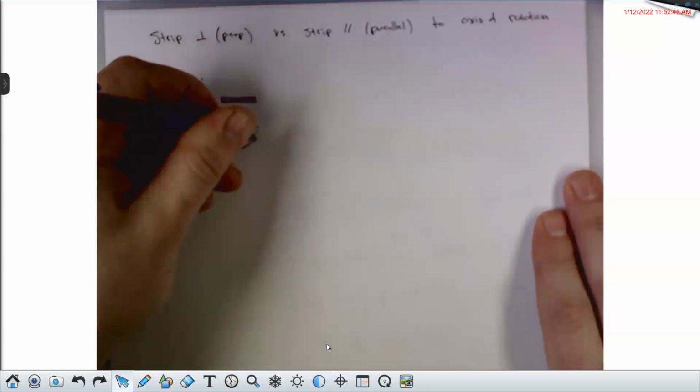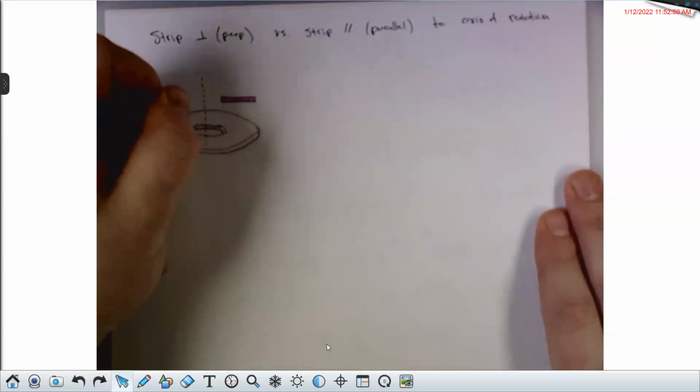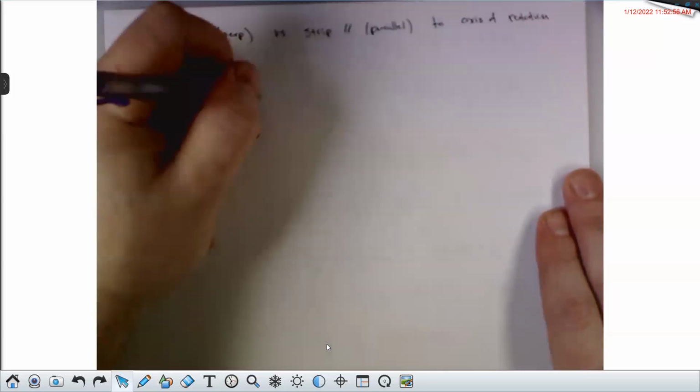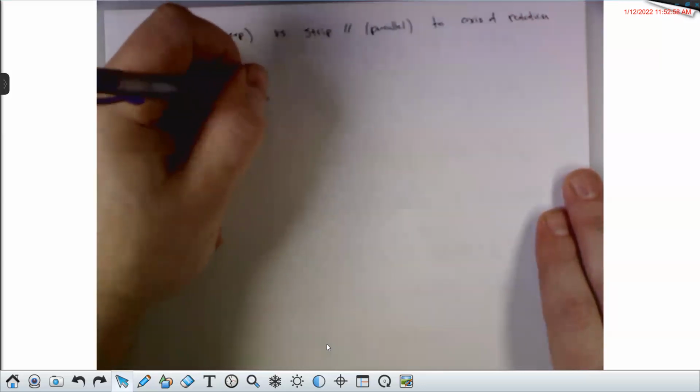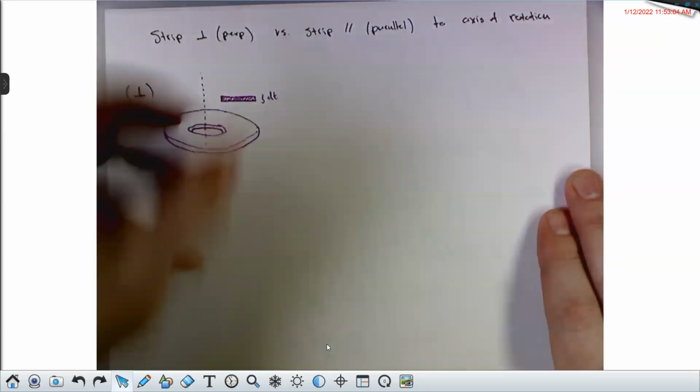You always draw your strip perpendicular to the axis of rotation. This thickness here, I'll just call dt, because it could be dx or dy, depending on the problem.